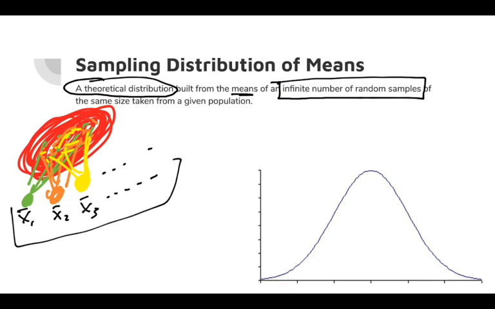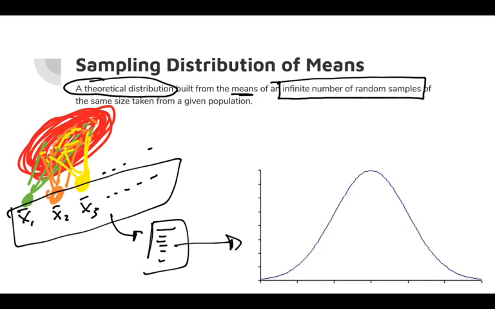Okay, if I take all of these averages, make a huge list, put them in a distribution, that's what the sampling distribution of means is. It would look exactly like this. Okay? It's a theoretical distribution built from the averages of an infinite number of random samples taken from the population, right? So I'm plotting the averages of all of these samples.